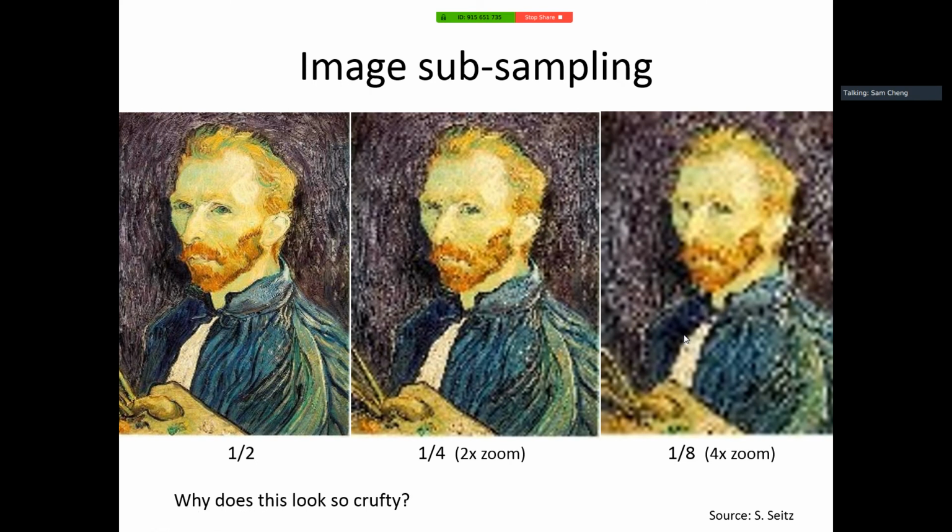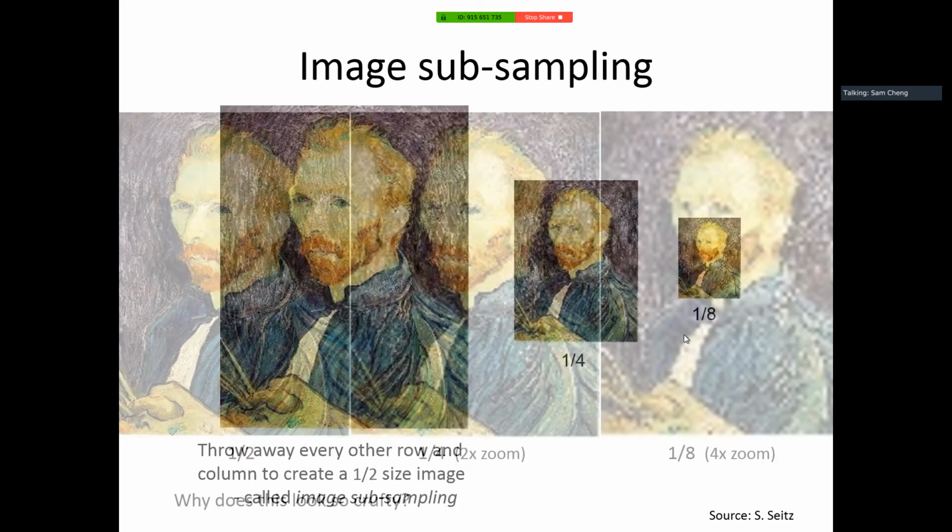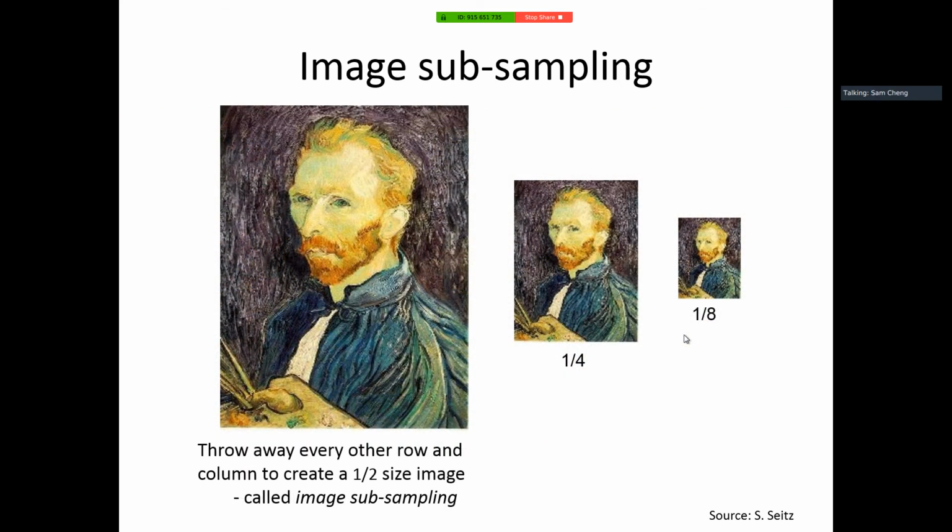Basically, it's just zooming back in, so each pixel becomes a 2x2 or 4x4 patch, or I could even apply a filter to it. That's basically what I have here, after downsampling and upsampling.